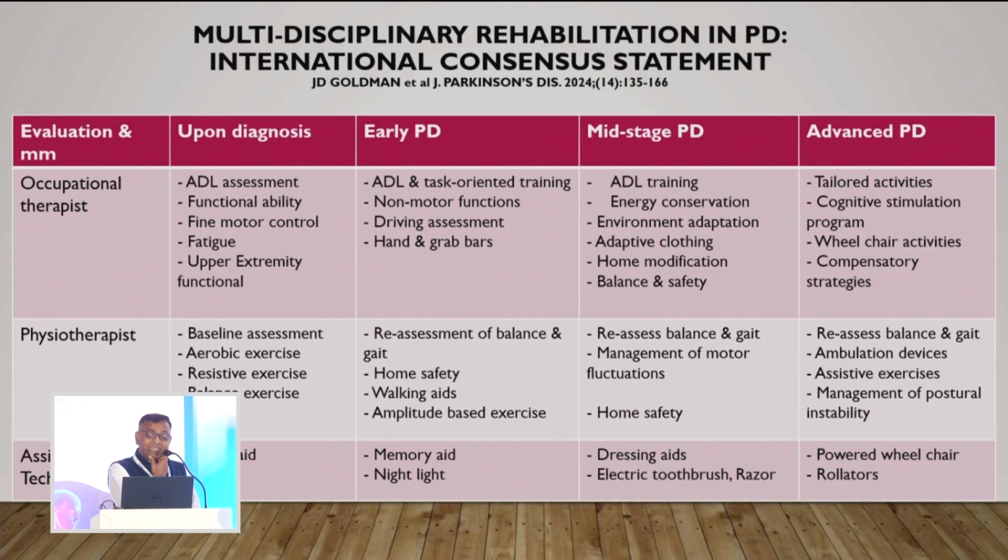Again, the role of the physiotherapist: aerobic exercises, resistive exercises, and then reassessment for balance and gait training, and again focusing on home safety, advising modifications at home and at the workplace. And the assistive technology: walking aids, memory aids, night lights, dressing aids, electric toothbrush and razors, and powered wheelchair, etc., depending upon the level of injury and the patient's functionality.